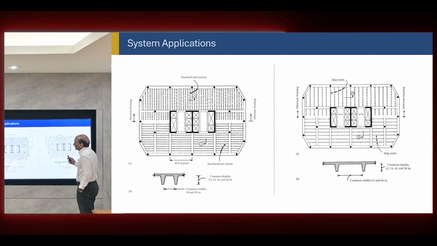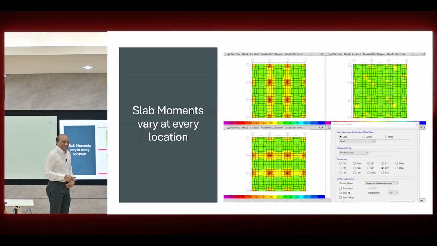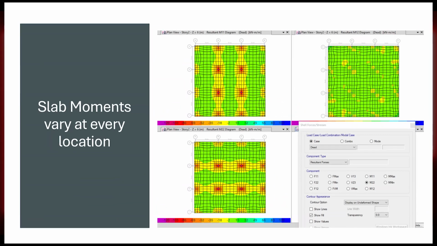Okay, so on system application, we mentioned that you can use the system in many ways, and I want to get back to this one, start from this again. So let's go back to that, because that is the basis for what we are going to discuss later. First of all, the important thing is that if you do a shell analysis in ETABS or in SAFE or SAP or whatever program, you will find something like this: there will be a very large moment concentration over the columns, and then the moments will vary very rapidly everywhere.